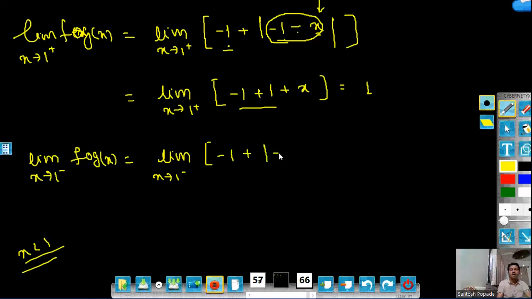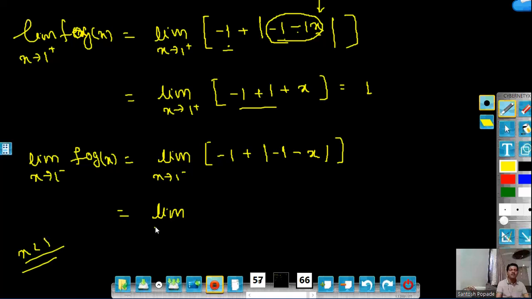Okay, now similarly we will find the limit of f(g) of x as x tends to 1 from the left side. So f(g) of x as x tends to 1 from the left side is equal to the limit as x tends to 1. Now x is less than 1 but still it is positive. Tends to 1 means it is close to 1.